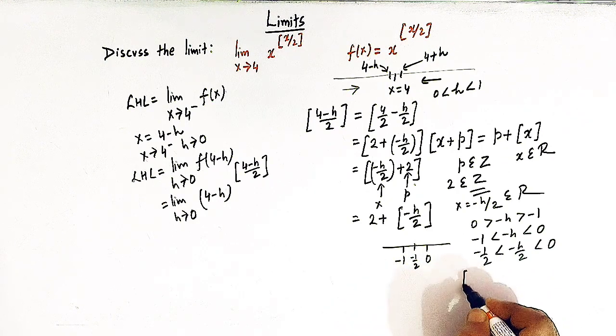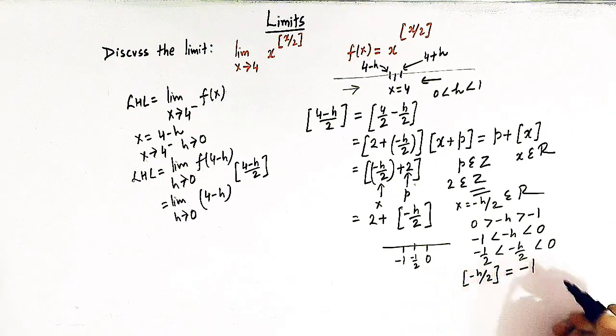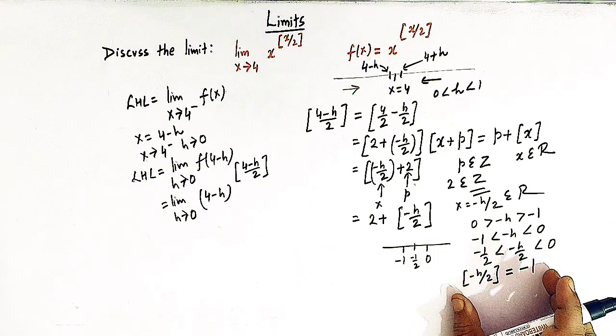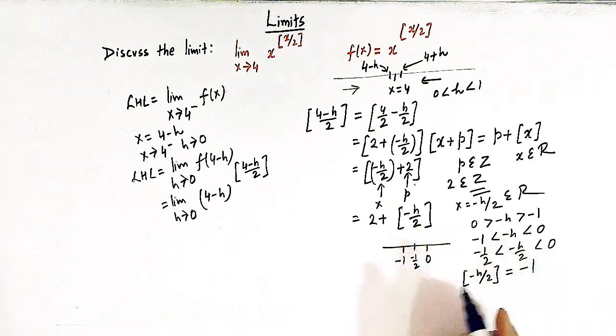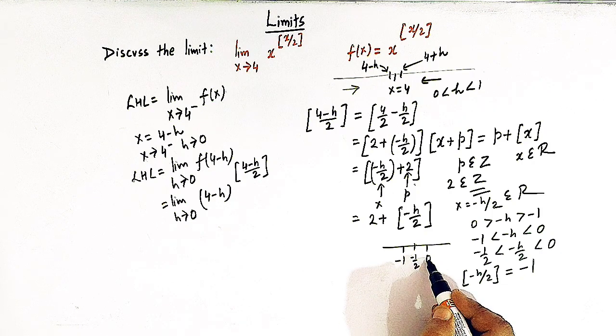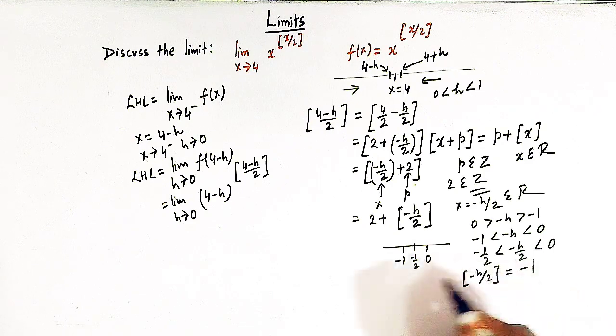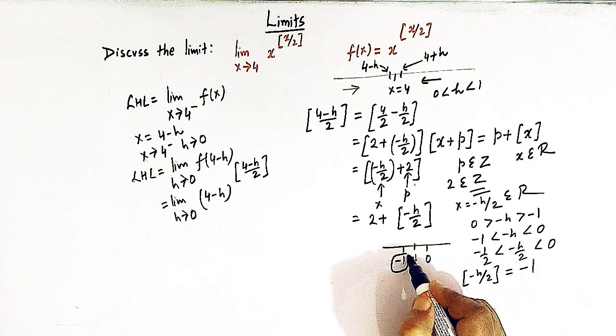So the greatest integer of minus h by 2 should be equal to minus 1 by definition of greatest integer function, right? So minus h by 2 lies between minus half and 0. So the greatest integer of minus h by 2 should be equal to minus 1.